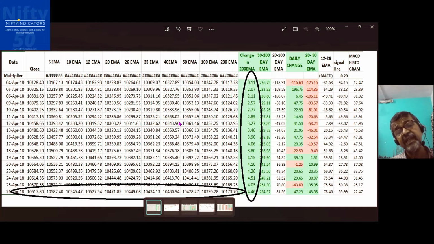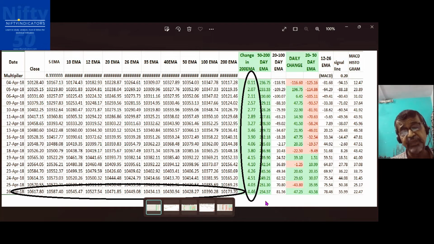Because when we update these figures on a day-to-day basis, we get to know so many things. It tells its own story.